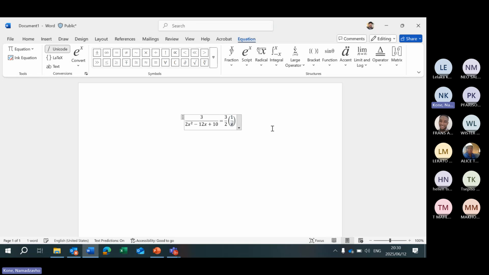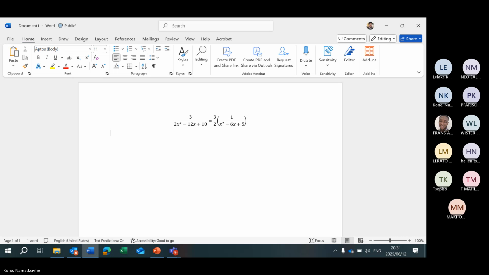So it will be x squared minus 6x plus 5, right? And then we factorize it completely.